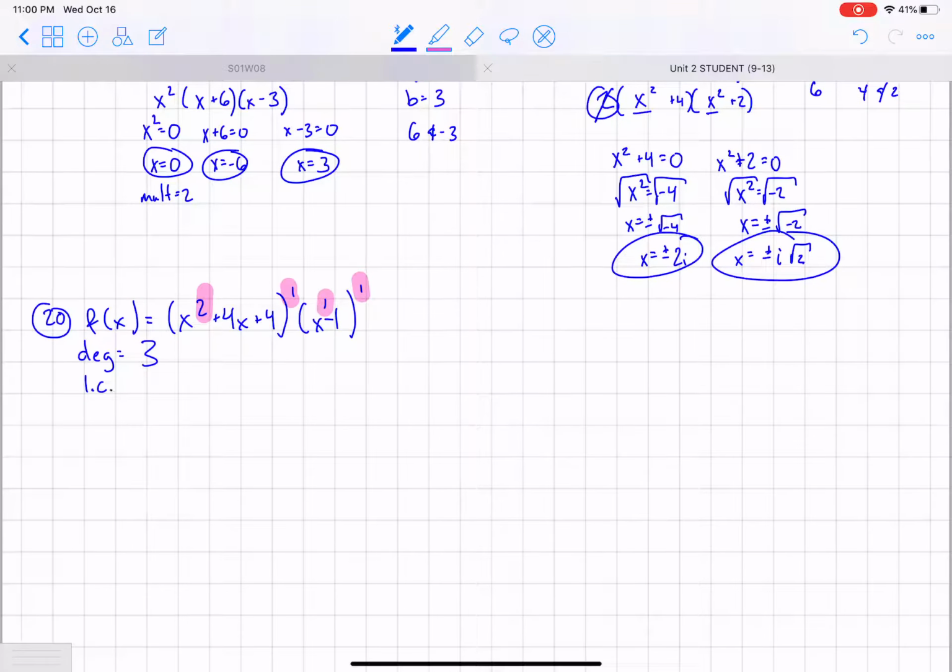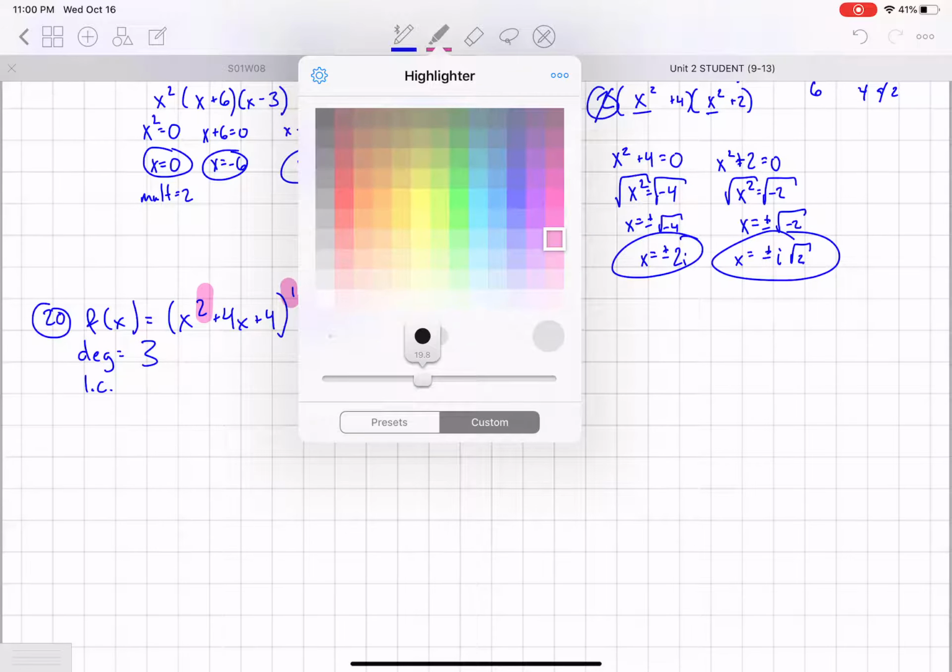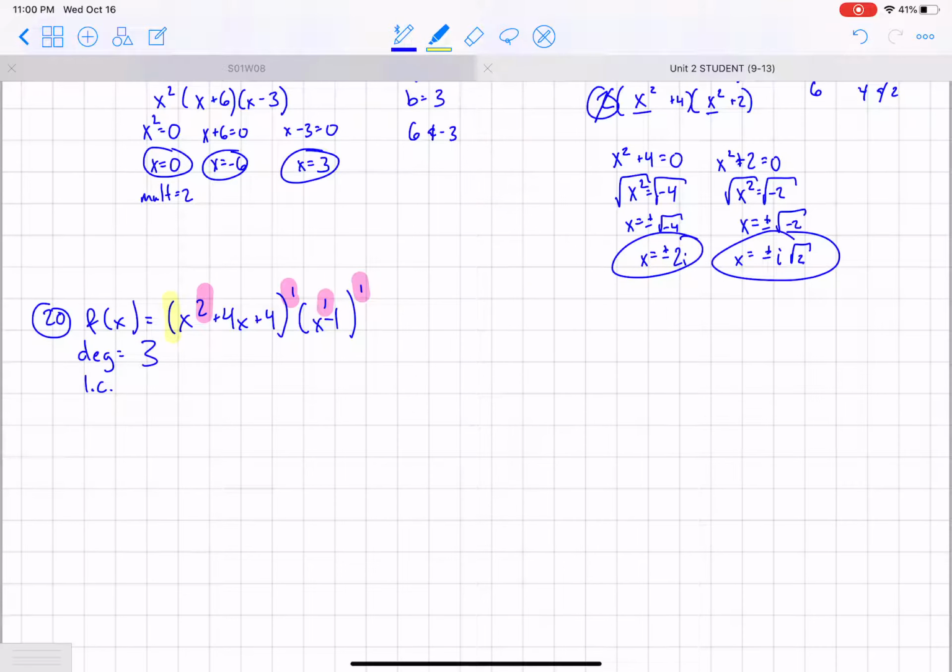Our leading coefficient, if we FOILed that out, distributed it out, we would get a positive 1. And then if we did the same thing for our last terms, we would get a y-intercept of -4. So we can do that first. It's odd and positive, so it's going to look something like this.